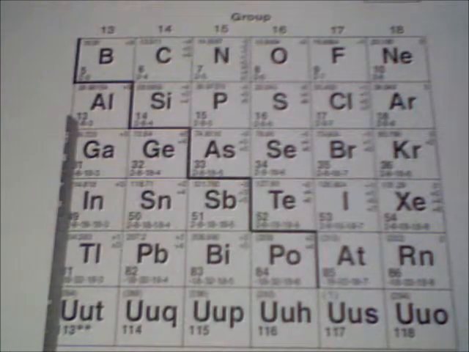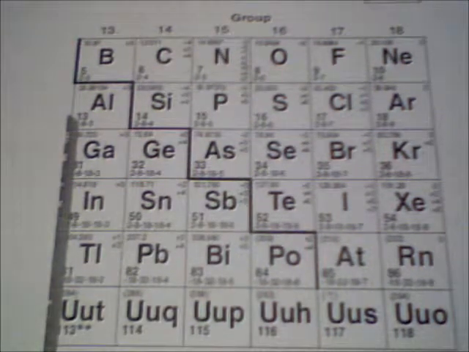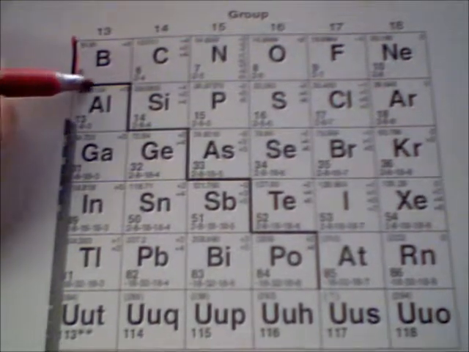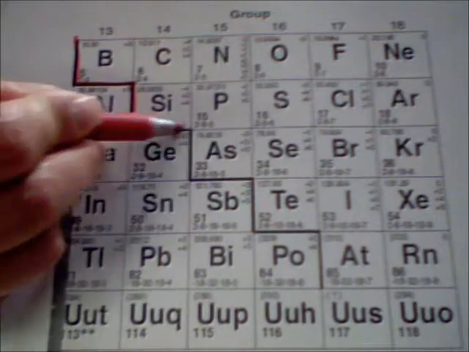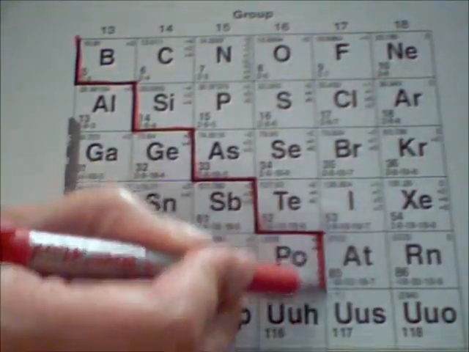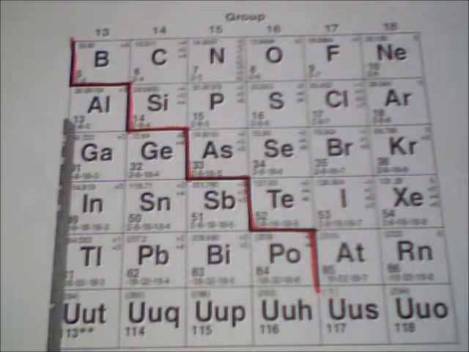Next, you're going to need to turn to the periodic table of elements in your reference tables. That's on page 9. And take a look at the chart where there's a bold-faced line making a staircase down your reference table. That bold-faced line divides the reference table into two sides.